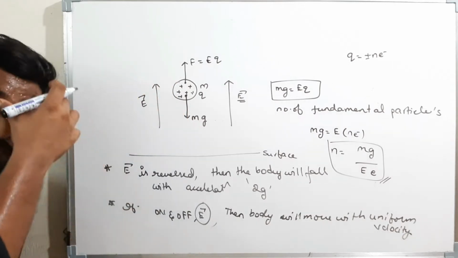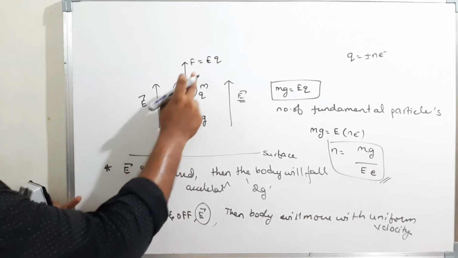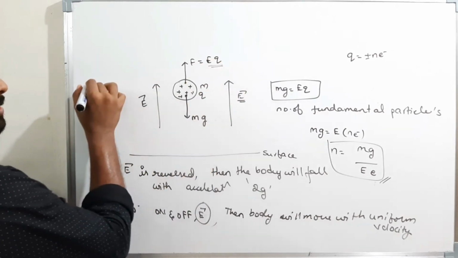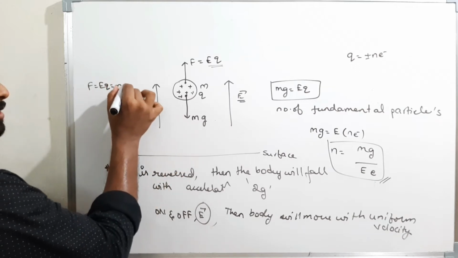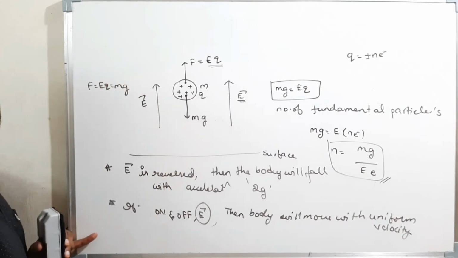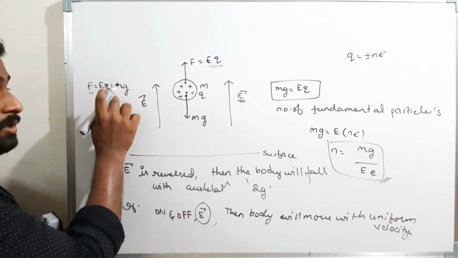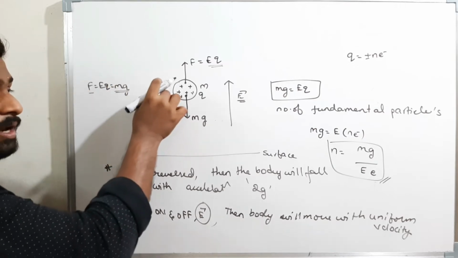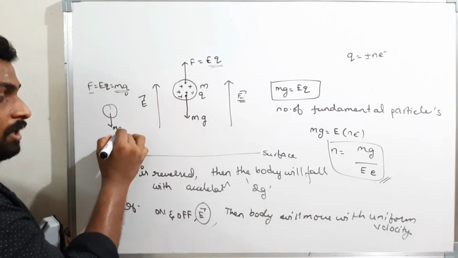In the equilibrium, what is the force? The force EQ is nothing but m into g. Now, if suddenly the electric field direction is reversed, then on the body there is always mg, and there is one more force.